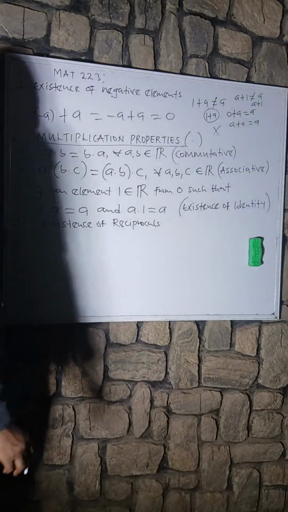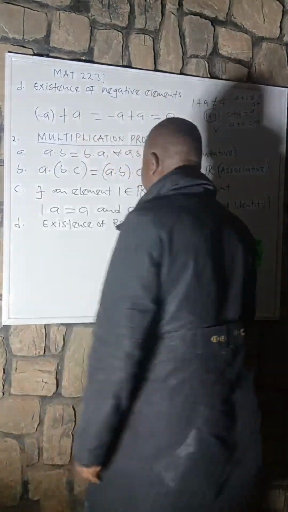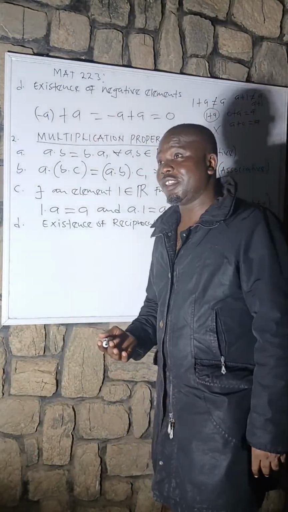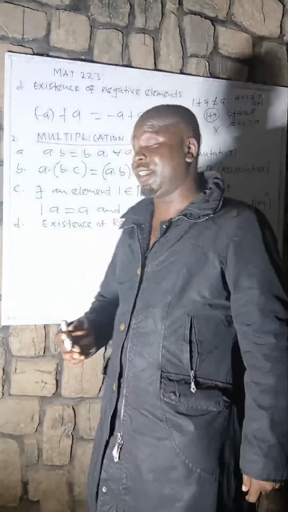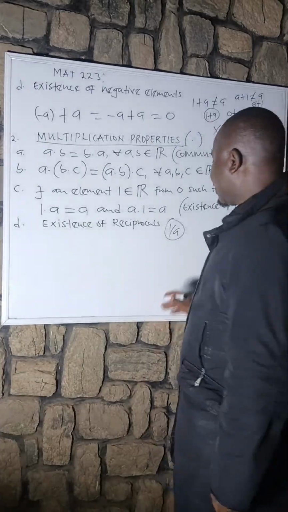When we say reciprocal, some of you get confused. It's just all about division. Is that clear? If we have 1 all over A, just take note.